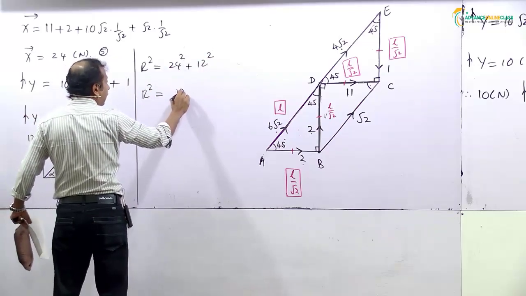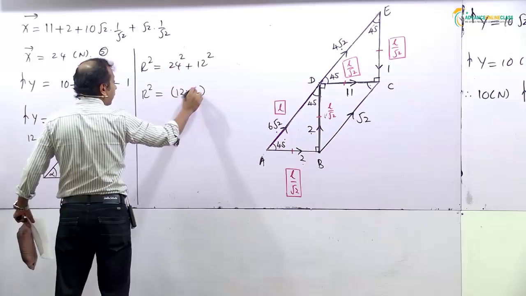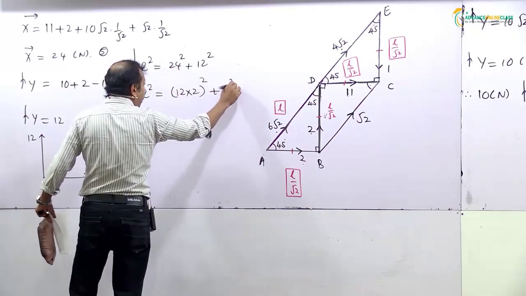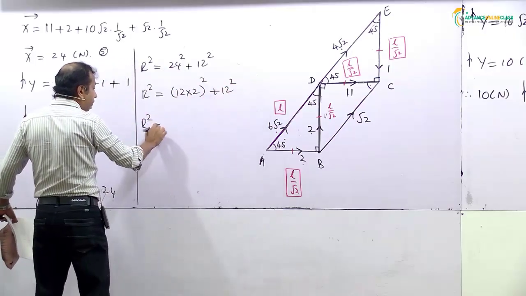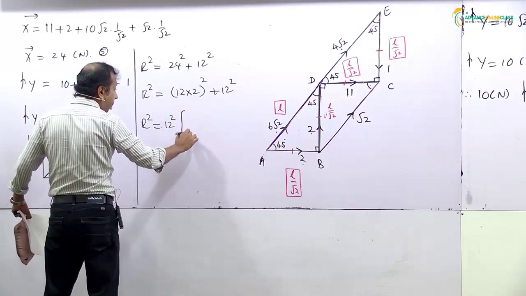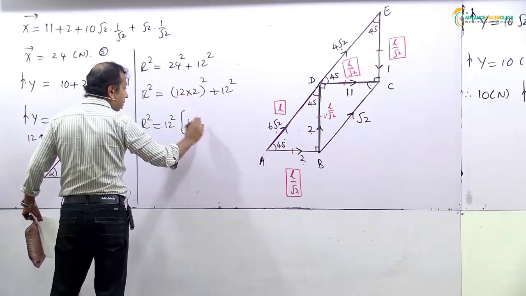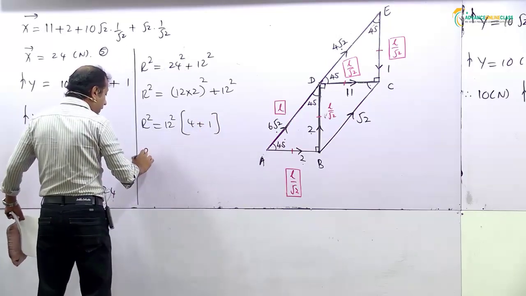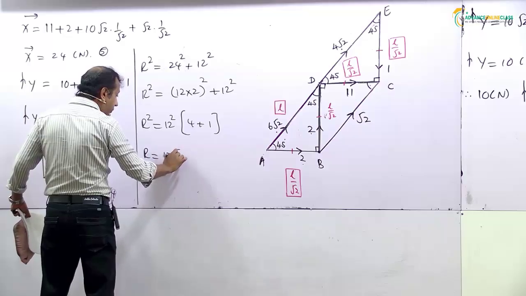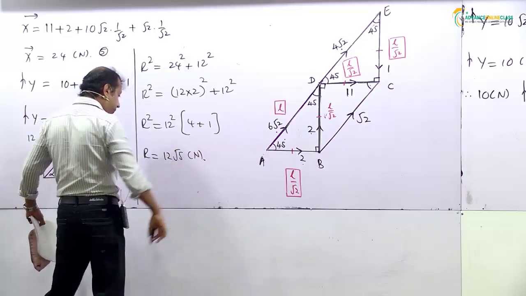This 24 I can write 12 into 2, no? Perfect squared plus 12 squared. Take this 12 squared out. Then here 2 squared is 4. Once I take this out, we get 5. In R, we get 12 root 5 newtons.